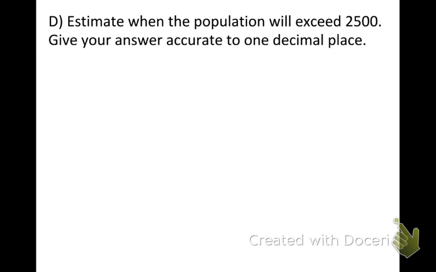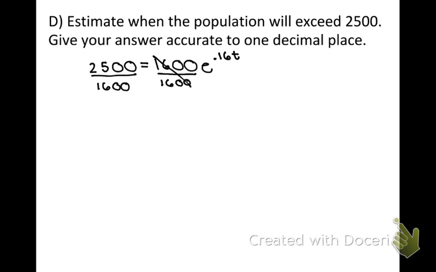So we need to take our equation and set it equal to 2,500. So we're going to have 2,500 equals 1,600 e to the 0.16 t. We want to get that base to my exponent by itself, so we're going to divide both sides by 1,600. And we get 2,500 over 1,600 equals e to the 0.16 t.